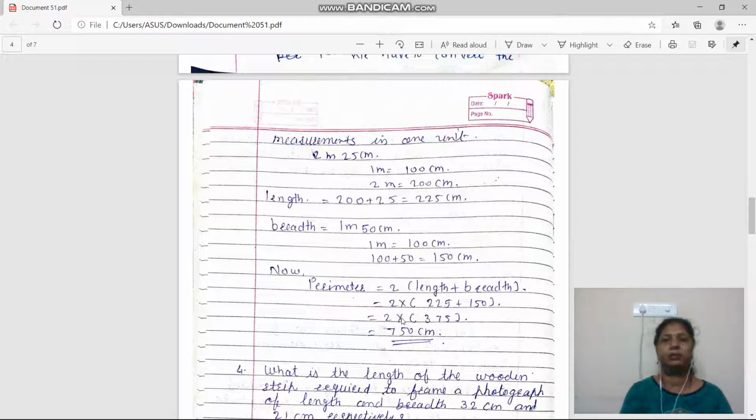Okay, so 2 multiplied by 375, we get 750. So what is the perimeter? It is 750 centimeter. Everyone understand what we have done here? We have to first convert the measurements in one unit and then use the formula. Get it? Next.